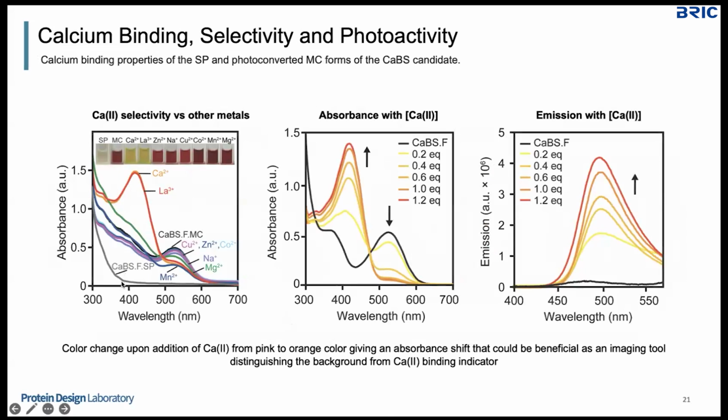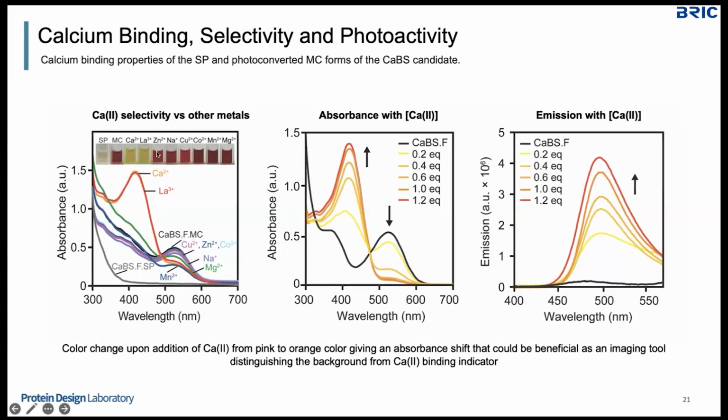So you can see the spiropyran didn't have any kind of absorbance. Once we introduced calcium, you can see that a shift happens from around 500 nanometer to 410 nanometer, and the color surprisingly changed to yellow, distinguishing calcium from the other metals.